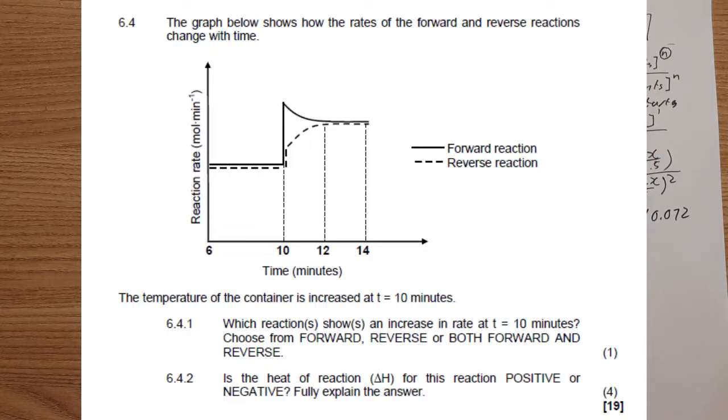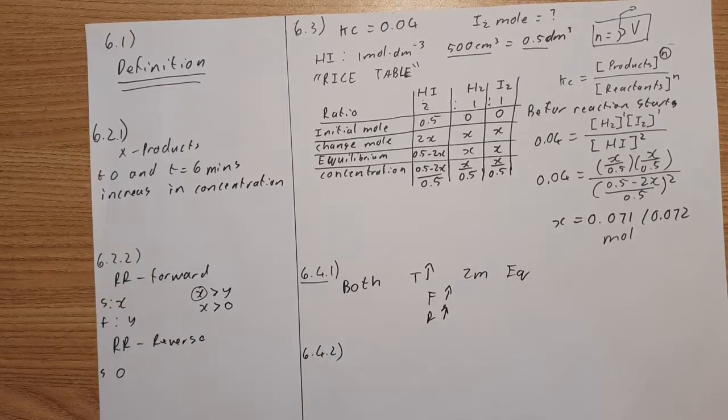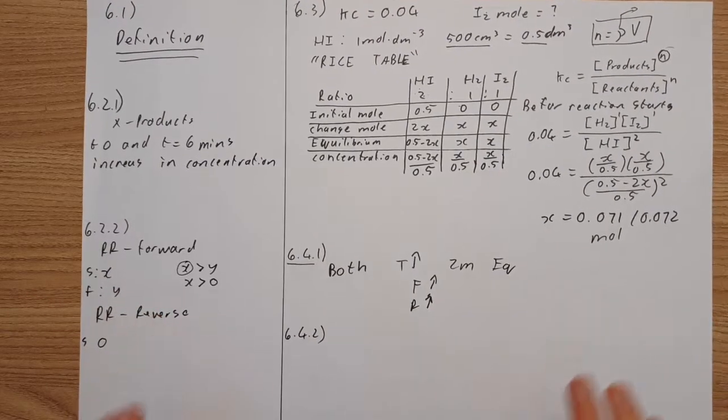At 6.4.2 it says, is the heat of the reaction, delta H, for this reaction positive or negative? Fully explain. Okay, so note that we changed the temperature at 10 minutes.